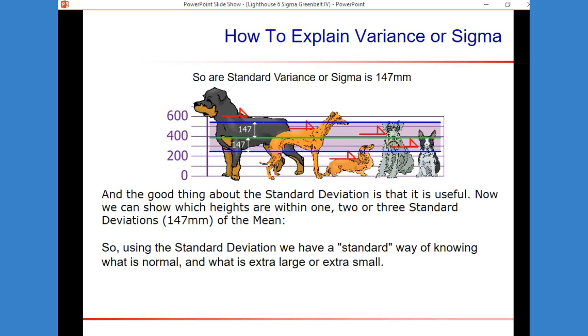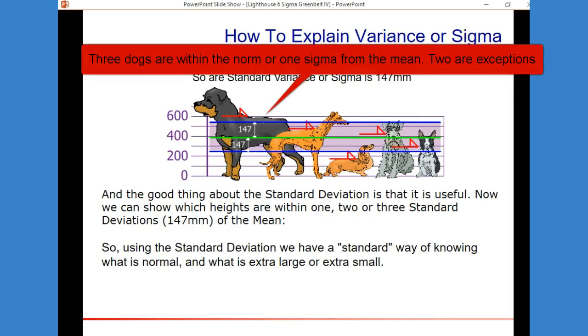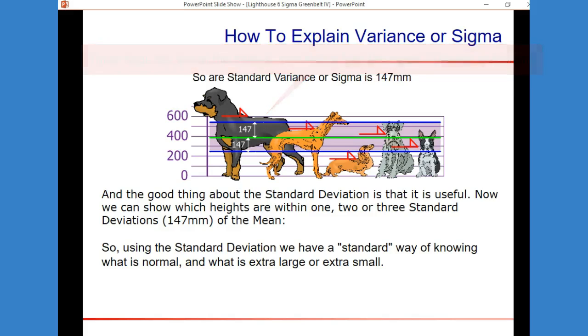So if all the dogs are averaging close to that 400 number, anytime the dogs range outside of that 147 range plus or minus, I've got an exception. It's like, well, that dog's either super tall or super short because they're outside of my sigma range now. So again, I'm looking at a process out here in machining, and they've been on average hitting right at whatever that number is, what I want them to hit.